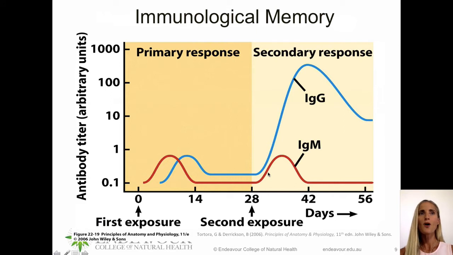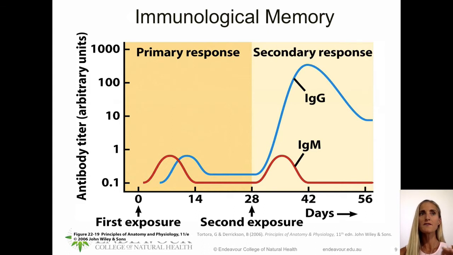So an example of this immunological memory is Epstein-Barr virus. This is one of the viruses identified in glandular fever or chronic fatigue syndromes. When you look at blood tests for the Epstein-Barr virus and the antibodies, they will generally measure the IgM and the IgG.